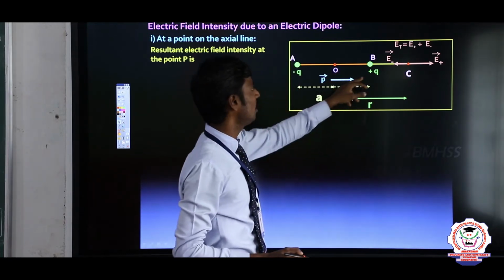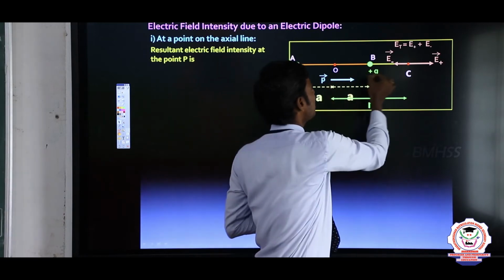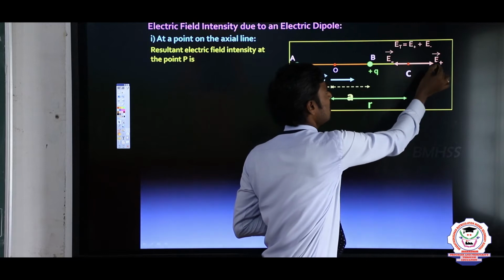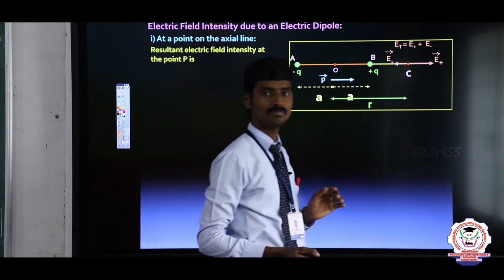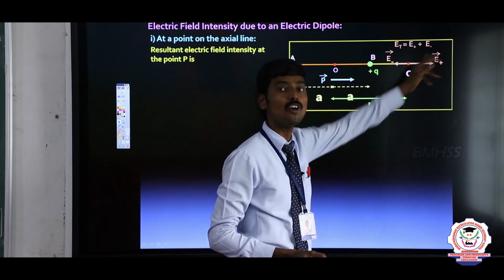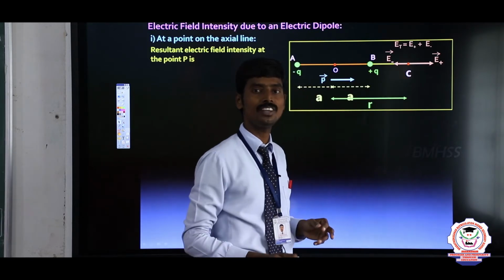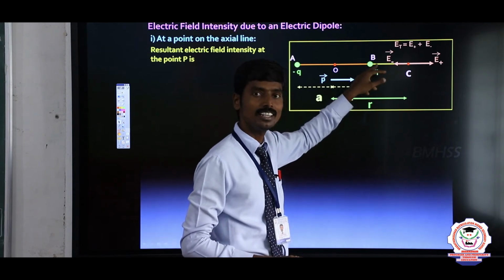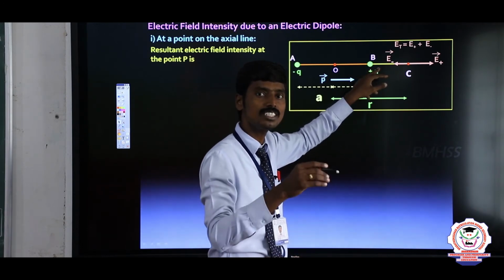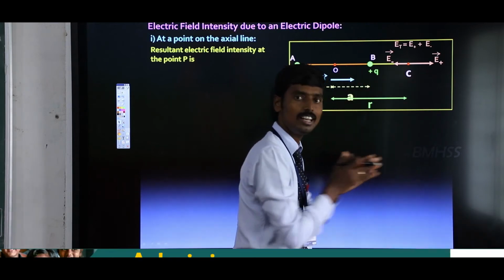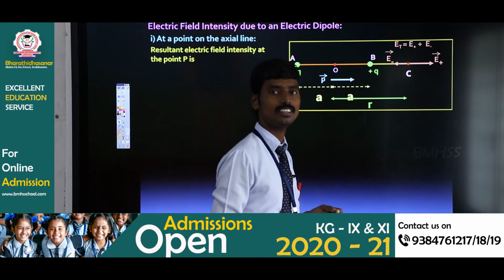Now the plus q charge produces an electric field at the point C, E plus vector, radially outward. This concept we know very well: for a positive charge, the electric field lines always point radially outward. So the electric field is radially outward, E plus vector.